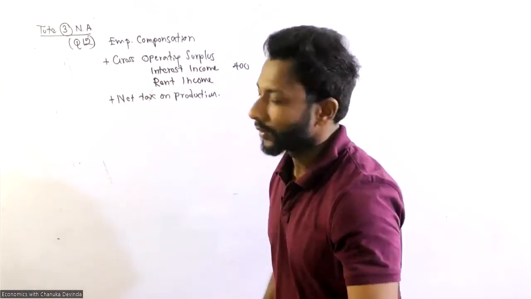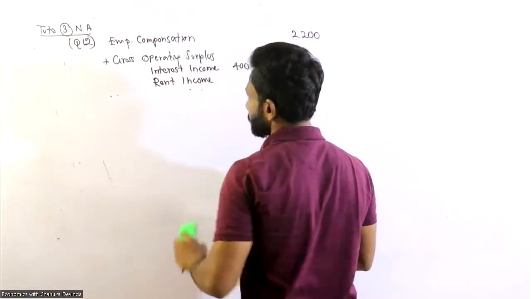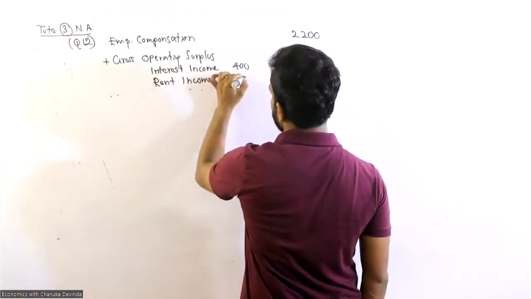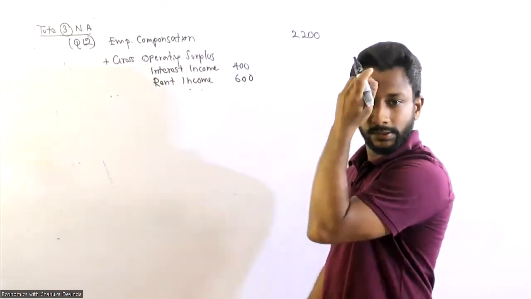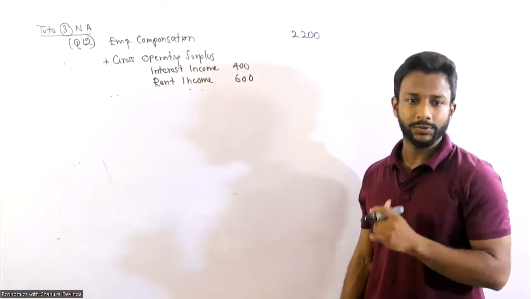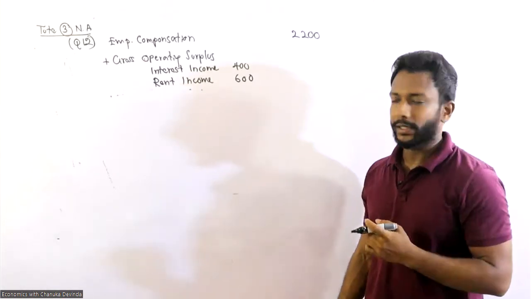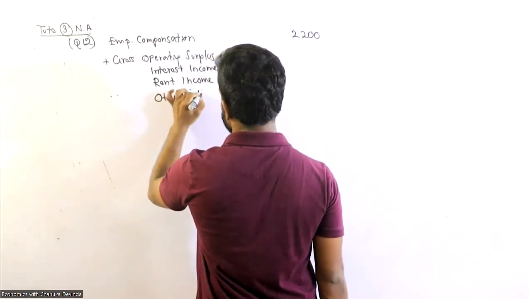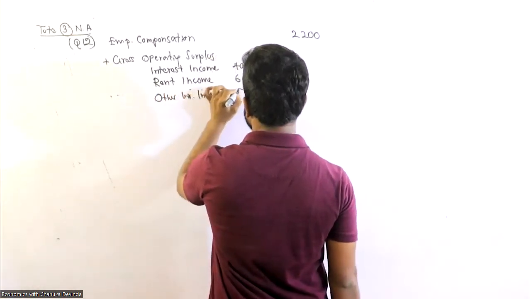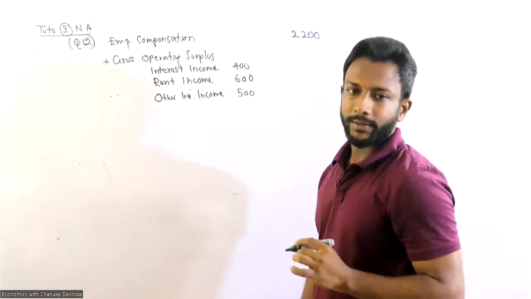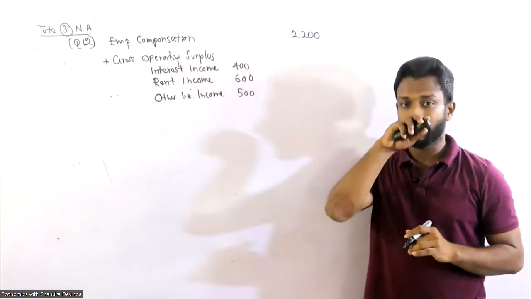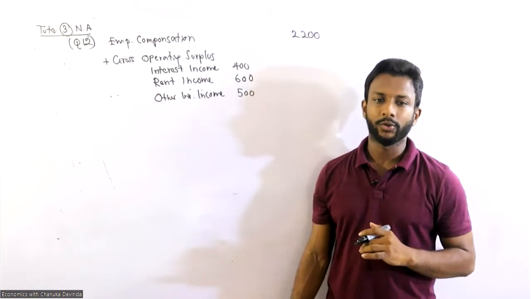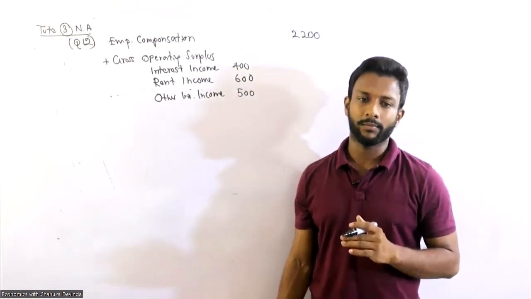I think we need more space. Rent income, how much? 600. And what else? Other investment income including retained profit, 500. Keep in mind there was retained profit 100. It's useful. We have to use that in the next question.